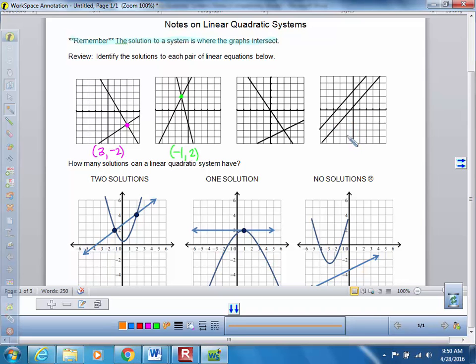Does that mean we have a solution? So that would be no solution. No intersection means that there's no solution.